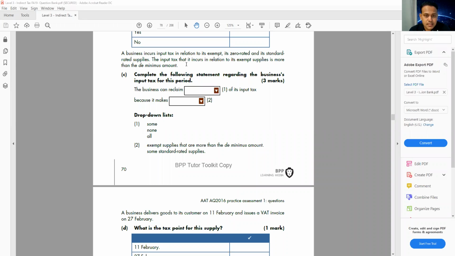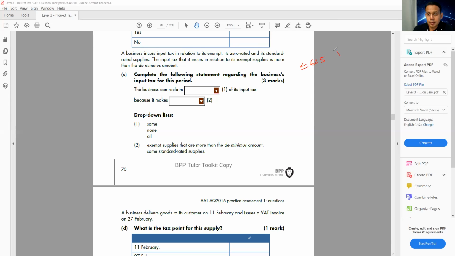The input tax that is incurred in relation to the exempt supplies is more than the diminished amount. How much is the diminished amount? Anyone remember? How much is the diminished amount that the input tax has to be under in order to claim all the VAT? That is 625 per month, isn't it?